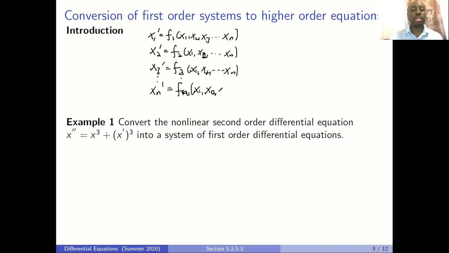that would allow me to determine my solution, which is a vector of x1 of t, x2 of t, through xn of t. Each of these solutions is just a real valued function.